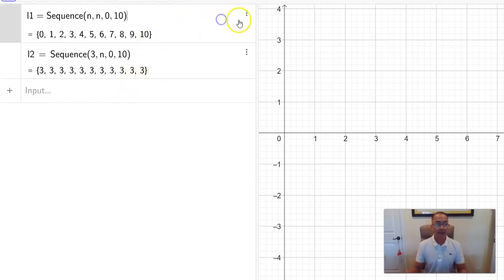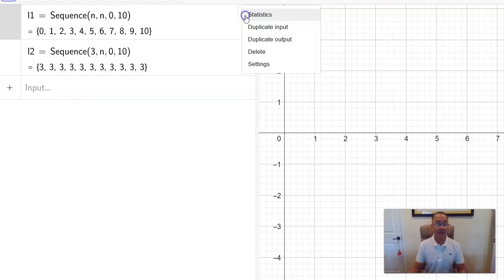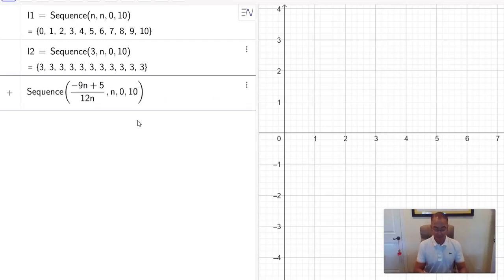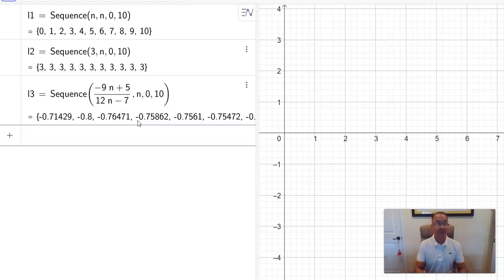So let us actually type in the sequence that we were talking about. We have negative 9n plus 5, and then we will divide by 12n minus 7.